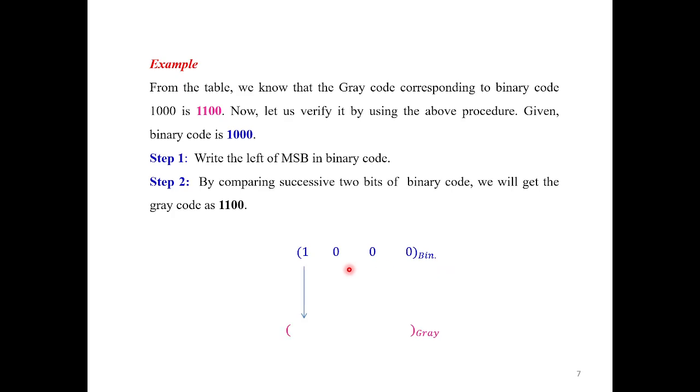You take the MSB bit and copy it as it is, and next you do the XOR operation. 1 XOR 0 you get 1, 0 XOR 0 you get 0, and 0 XOR 0 you get 0. Like this we can convert any binary representation into gray code.